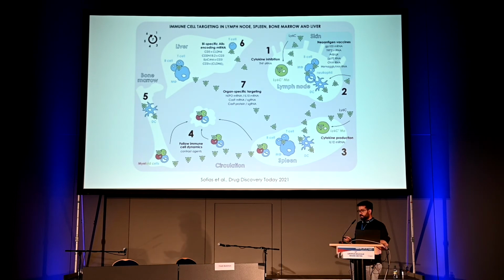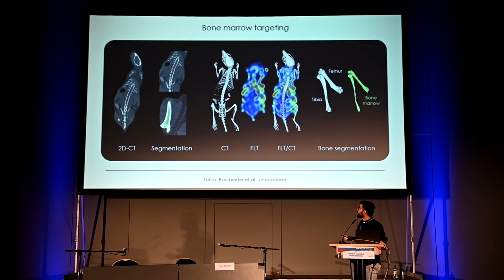So what we do with the FLTCT, which is new for us and in general for the field, is that, based on the 2D CT and the accurate segmentation of the bone marrow, and of course the 3D reconstructions and the FLT signal, we can very nicely design 3D ROIs in the bone marrow and really see how many nanoparticles have targeted this area.